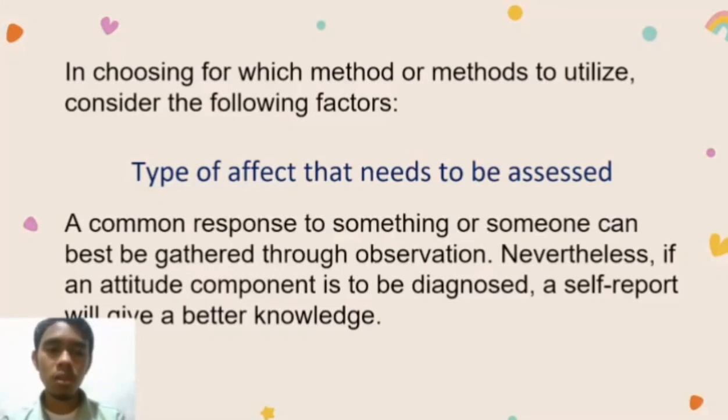Or if you want to determine the students' cooperation in a group, or their performance in a class, or if they are very motivated or not in listening to the classes. So you need to determine what type of effect you need to observe or assess in order to pick which method is applicable. So that's the first.